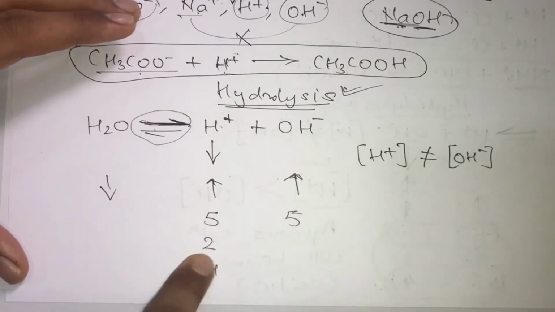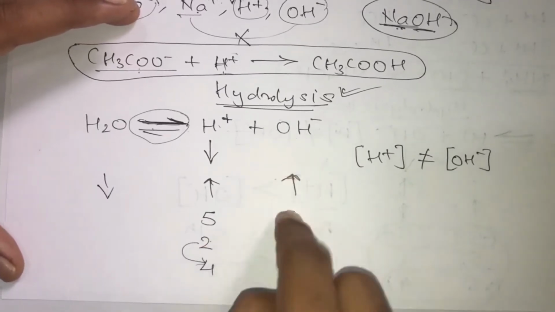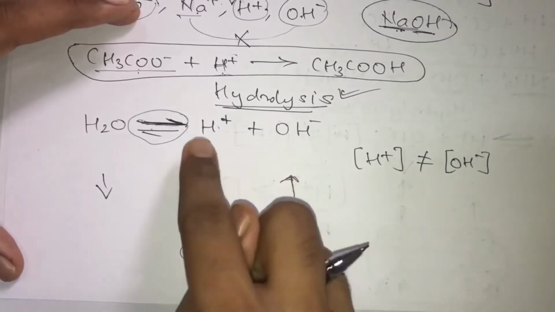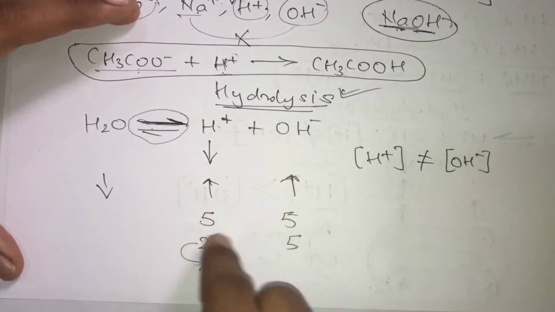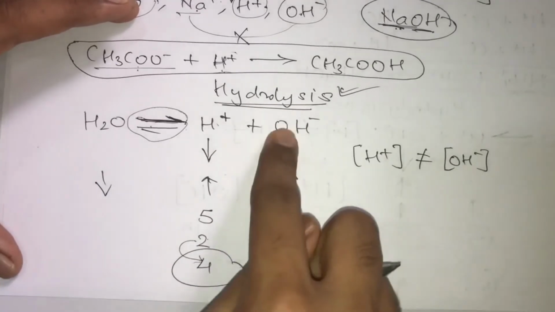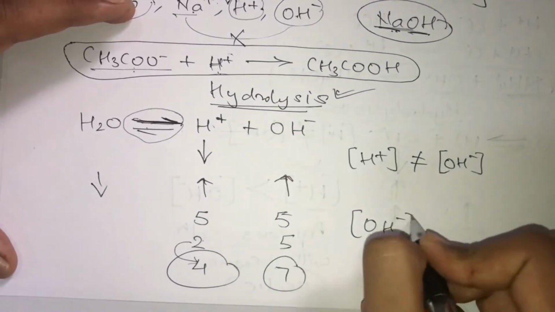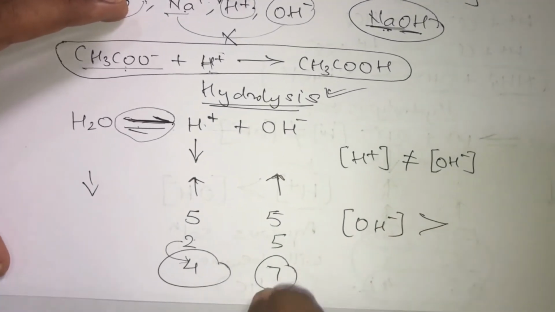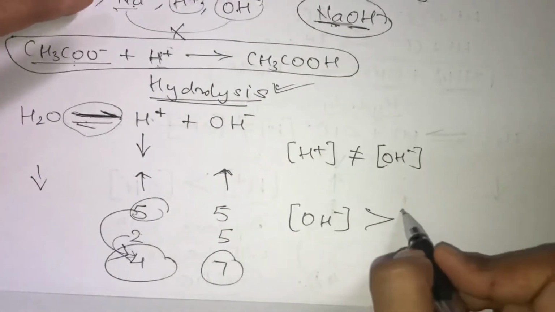So now the molar concentration has increased from 2 to 4. But here can I say that the OH minus was constant? When the H plus decreased, OH minus was constant, so it remains 5, and then it increased by plus 2, so 7. So ultimately the concentration of OH minus is increasing and the concentration of H plus is decreasing.